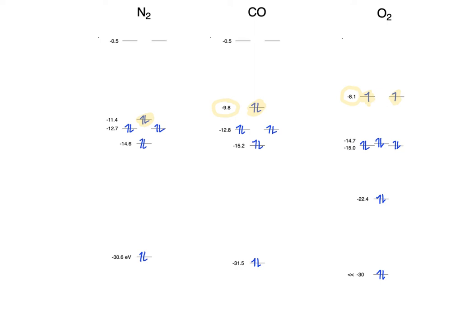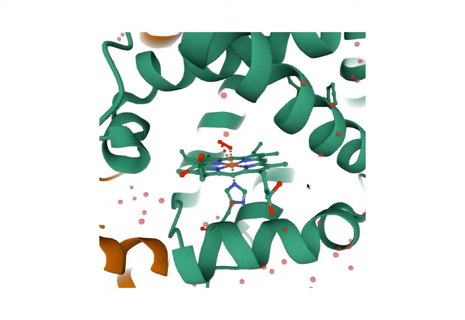Returning to the video of hemoglobin in the oxygenated form, note that the O2 ligand is coordinated to iron in a bent fashion.